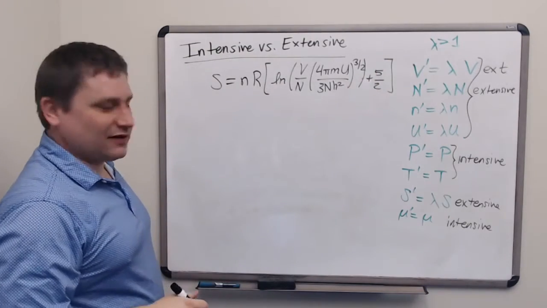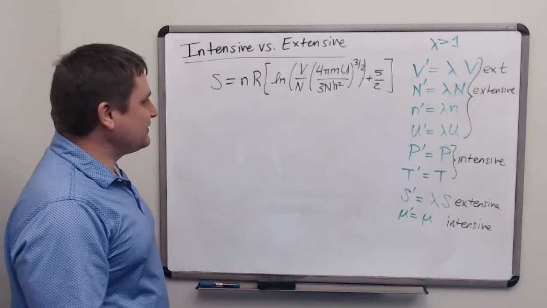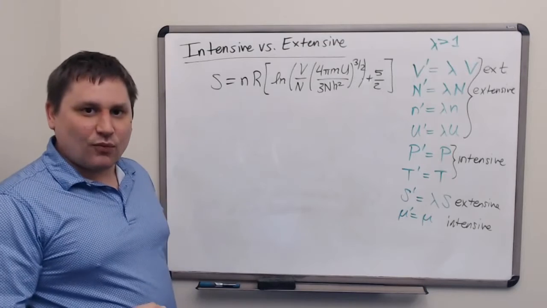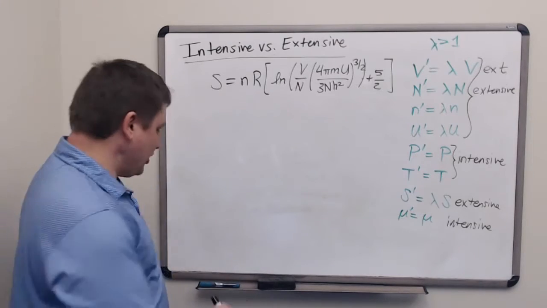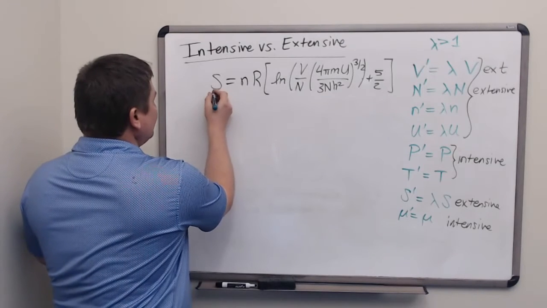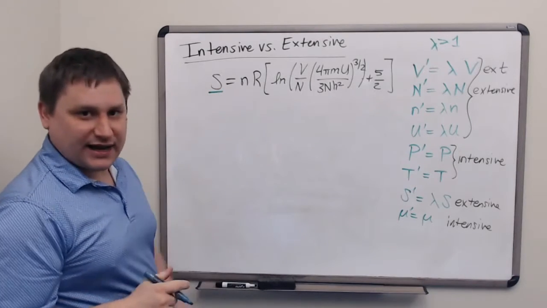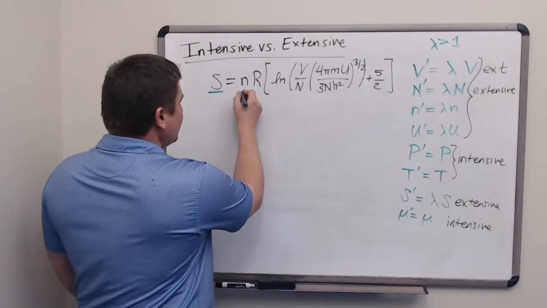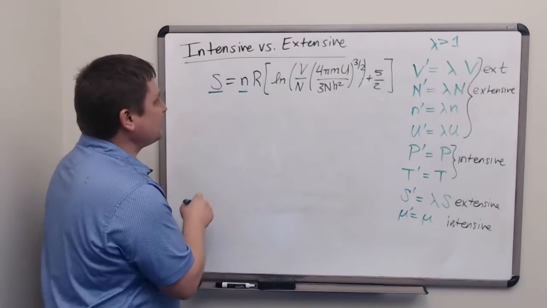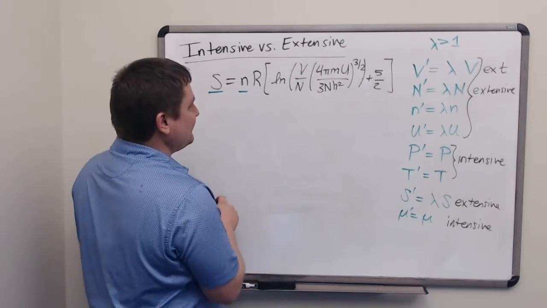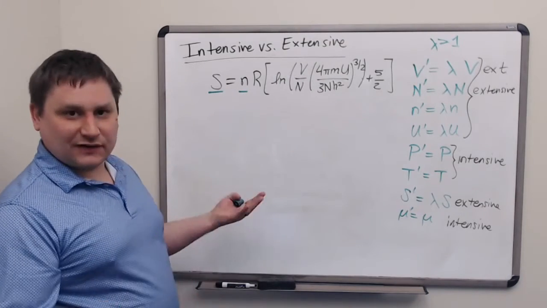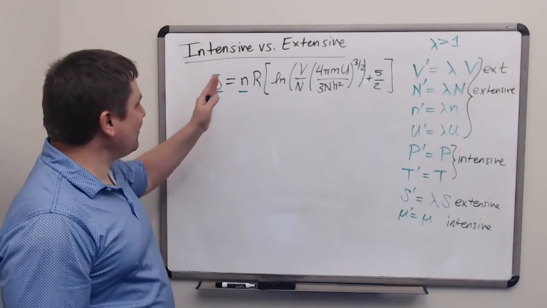Probably one of the longer equations that you're actually expected to use to get a number in physics. Well, let's look at the scaling. Where do the extensive quantities show up? Let's underline them in green. So entropy on the left, one extensive power. Moles on the right, one extensive power. R is a constant. So apart from the stuff in square brackets, we look like we're okay. We have one extensive quantity on each side.